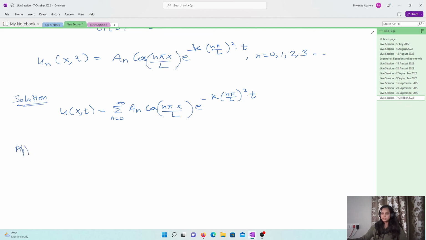Now apply the initial condition in this, which is u at x comma 0 equal to f of x.